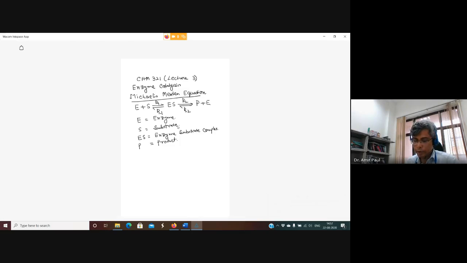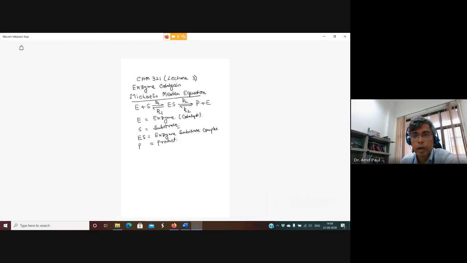Okay. So this is the model. So enzyme, as we know, in the common name is also like the catalyst.